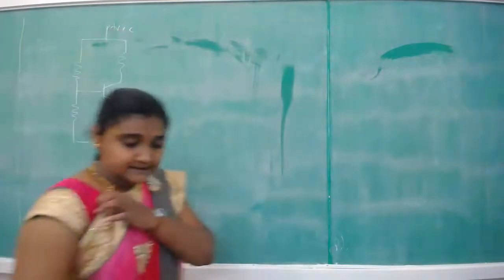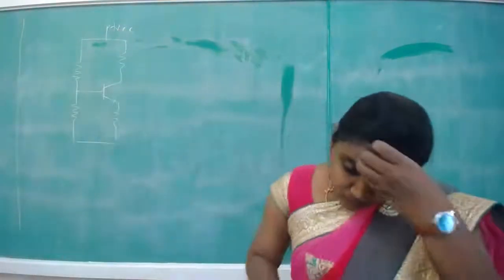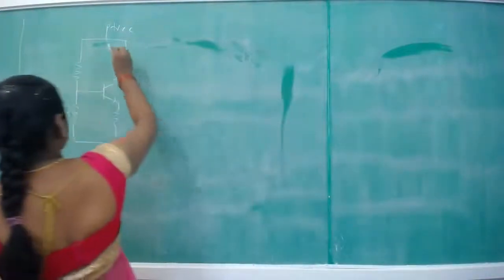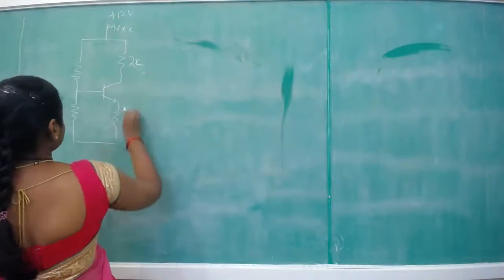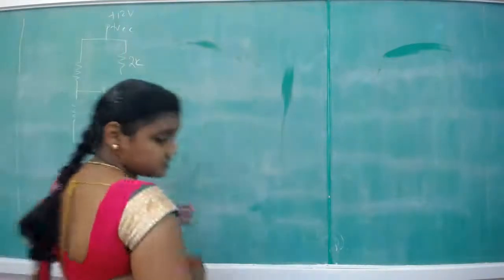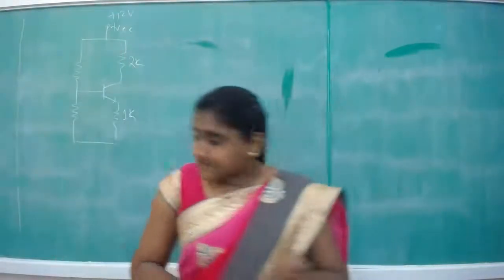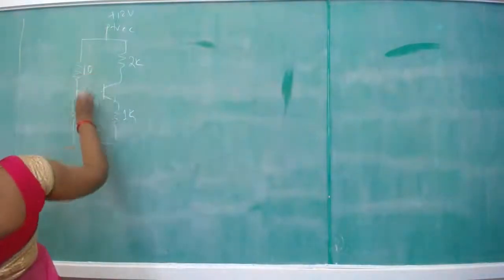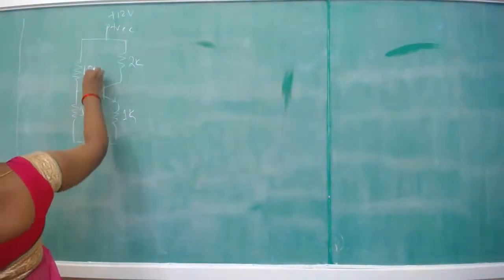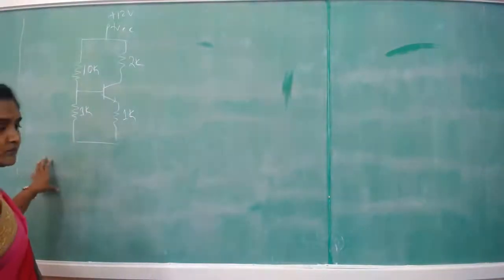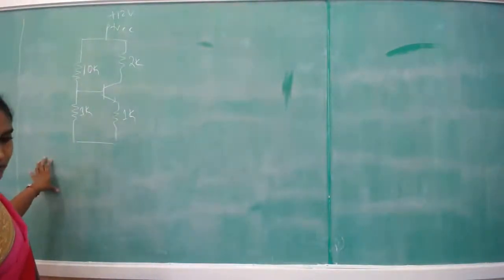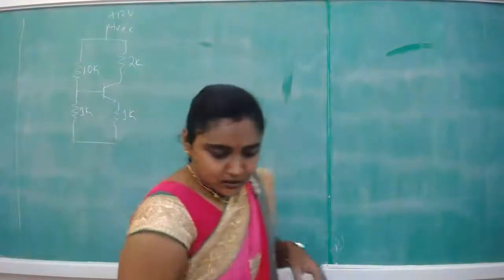The value of VCC is 12 volts, with 2K and 1K being RC and RE respectively. This side R1 is 10K and this is 1K. Now what are they asking?